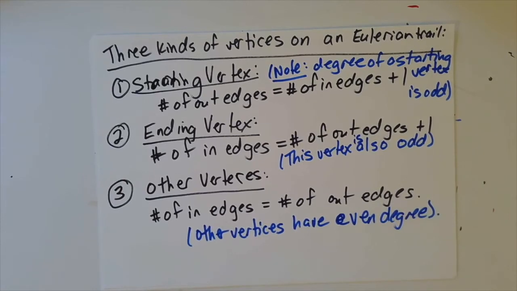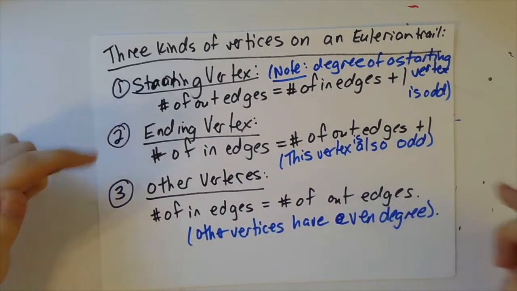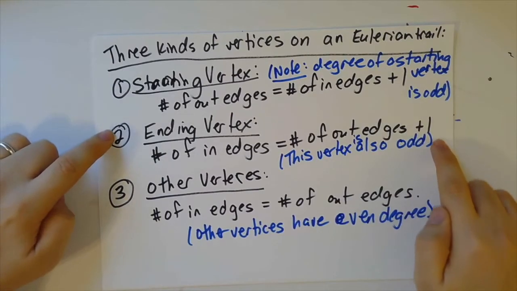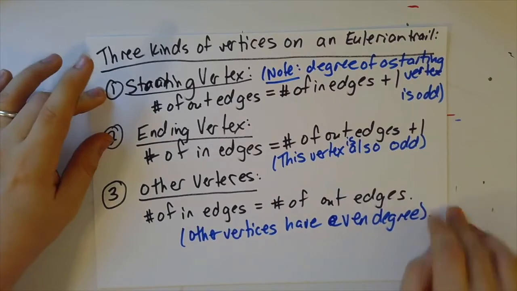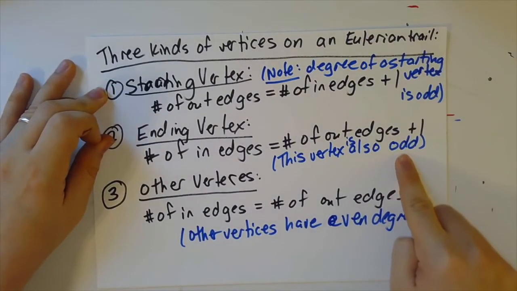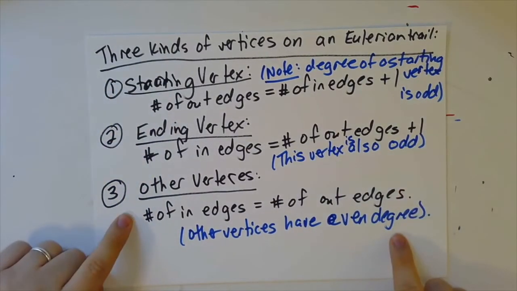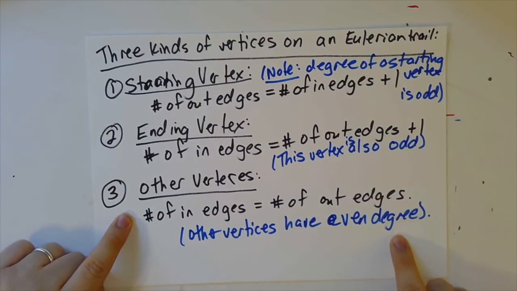Okay, so this is basically a proposition that lets me figure out, okay, what do starting vertices look like? What do ending vertices look like? And what do other vertices look like? And so starting vertices and ending vertices, they both have odd degree, whereas other vertices of necessity have even degree.